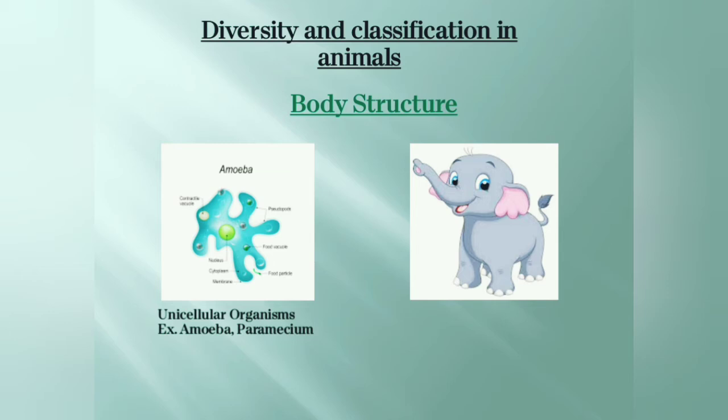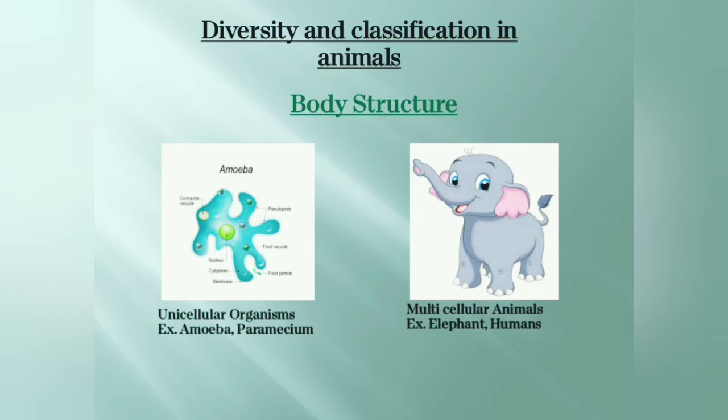Okay, so the examples are amoeba, paramecium and some other organisms. Now multicellular, elephant is multicellular. Those animals which have multiple cells are considered multicellular organisms. Examples are elephant, rat, and also humans.